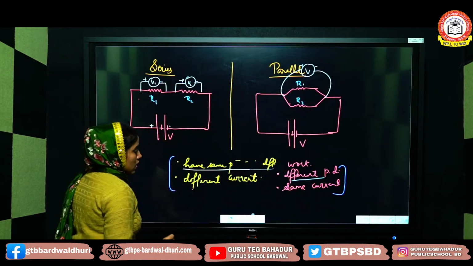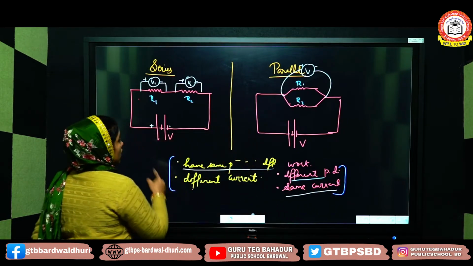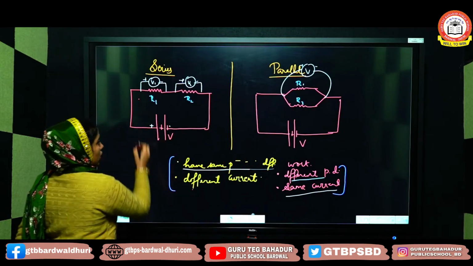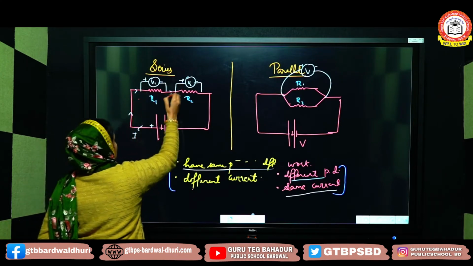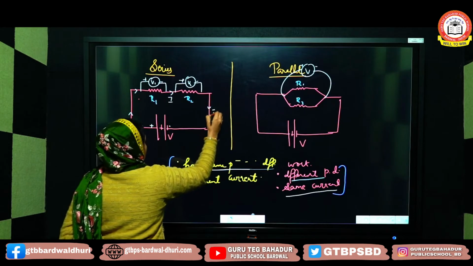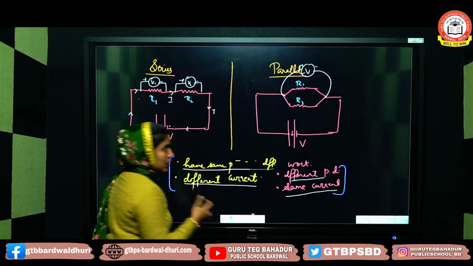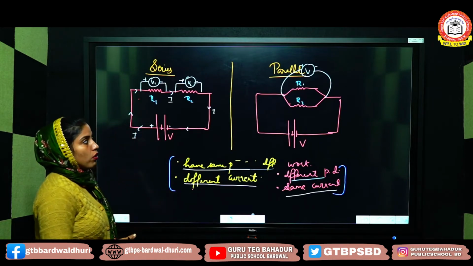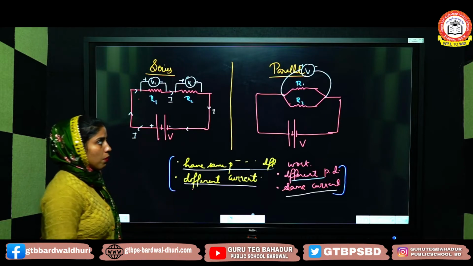And the next thing is that in series combination, the current is the same in the whole circuit. So let I be the current flowing in the circuit. And in parallel combination, all the appliances receive different amounts of current according to their requirement. As I have told you, an LED needs less current as compared to a bulb.